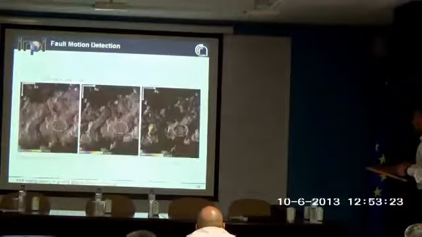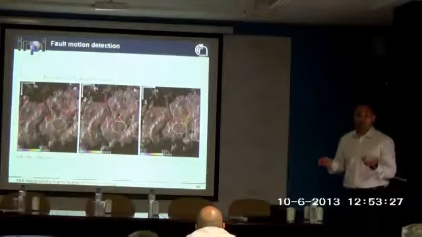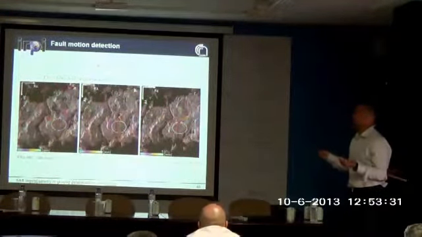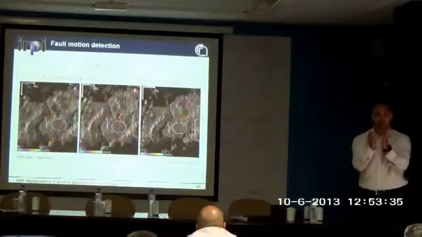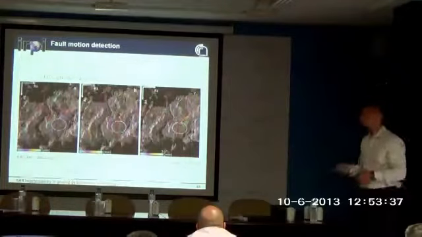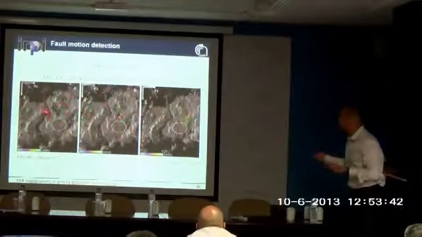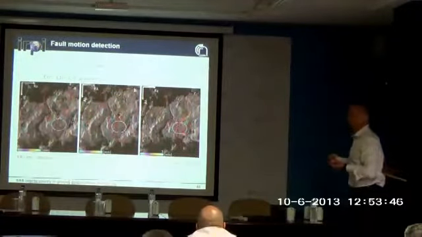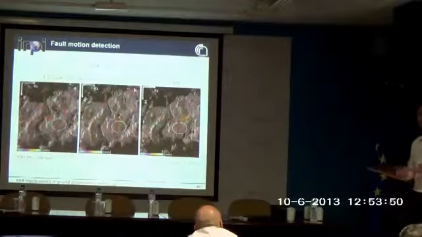Moreover, we used different satellites. We not only used ERS satellites, we also used ENVISAT satellites, and we used different tracks, different positions. And what we can still see, beside all the noise here, is that those fringes are still there. That means that it has to be deformation.